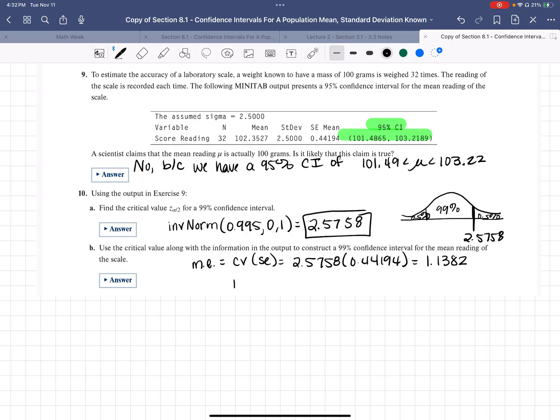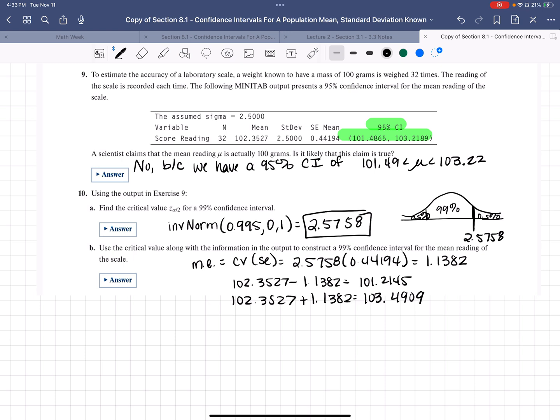So now I need to take 102.3527. I need to subtract that 1.1382. And then I need to take that 102.3527 and I need to add that 1.1382. And that top one, we should have a lower bound of 101.2145 and we should have an upper bound of 103.4909.